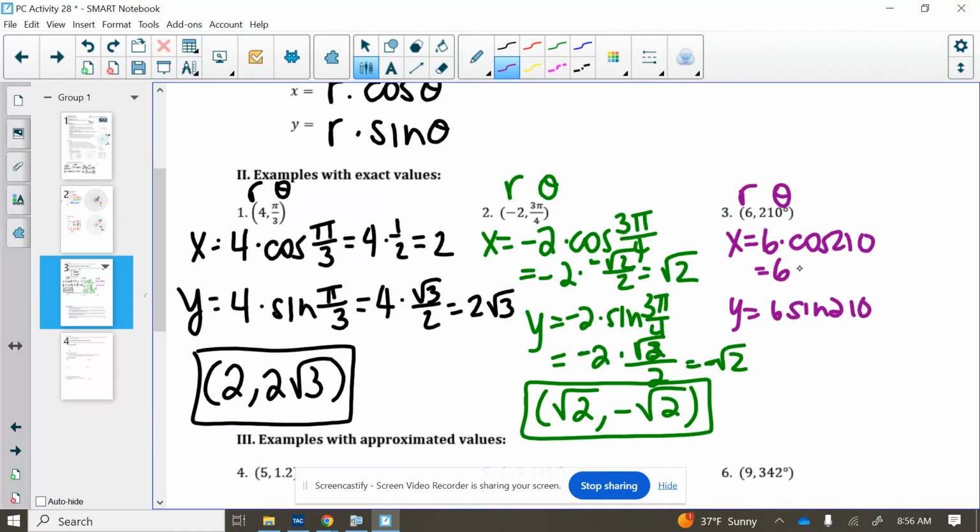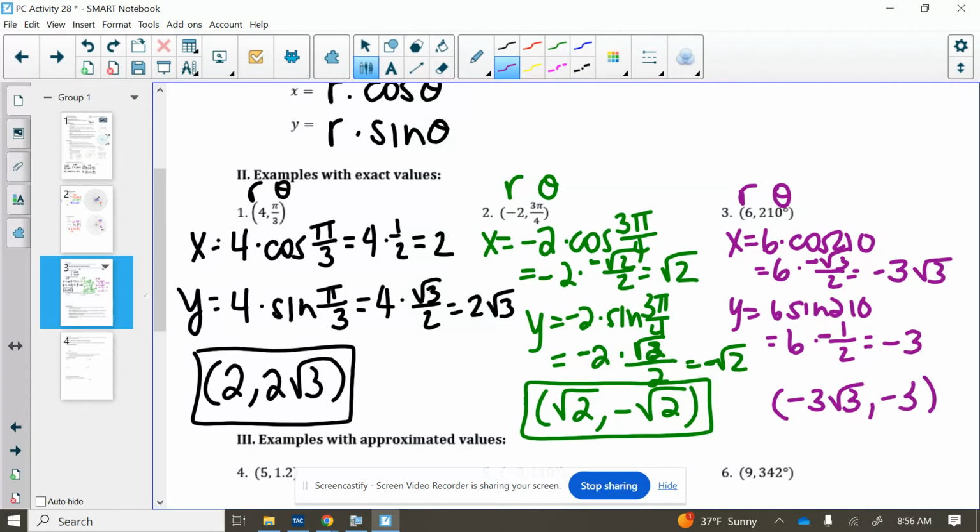So our cosine at 210 is negative square root of 3 over 2. So that's going to end up reducing to be negative 3 root 3. And then 6 times the sine, which is negative 1/2, turns into negative 3. So this ends up being in quadrant 3. You go left 3 square root 3, and down 3.